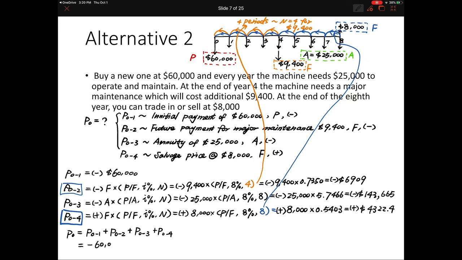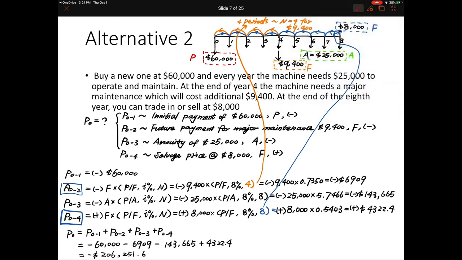So it is negative 60,000, plus, or you can just write the negative sign directly, negative 6909, negative 143,645, plus 4322.4. So the final is negative 206,251.6.